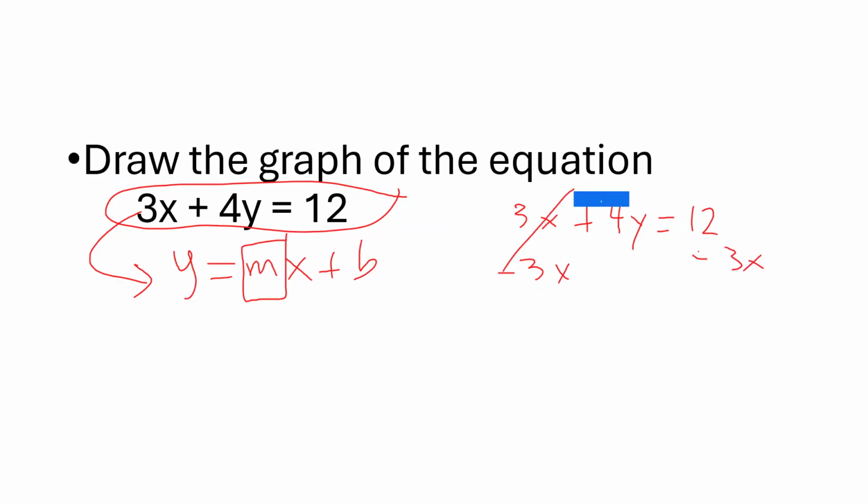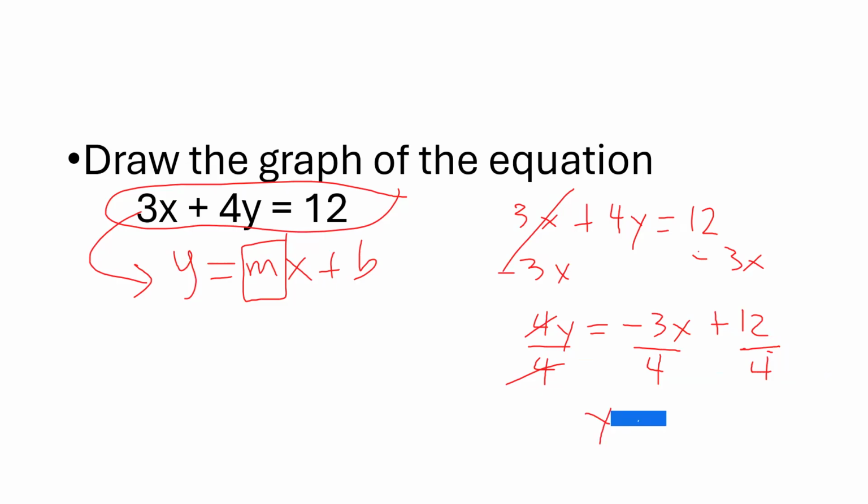This goes to 0, so I've got 4y equals negative 3x plus 12. Remember, the 12 is plus. Now I'm going to divide each term by 4. So 4 will cancel 4 over here.